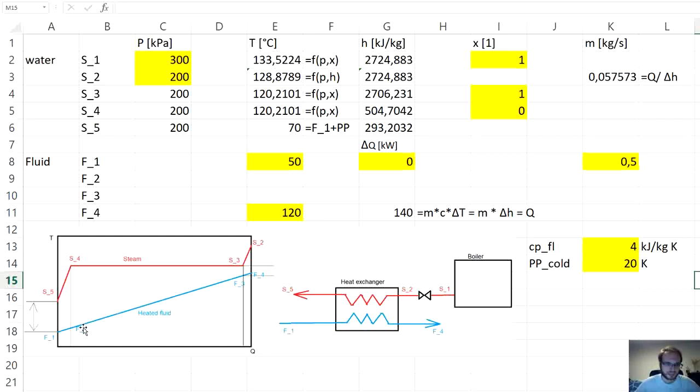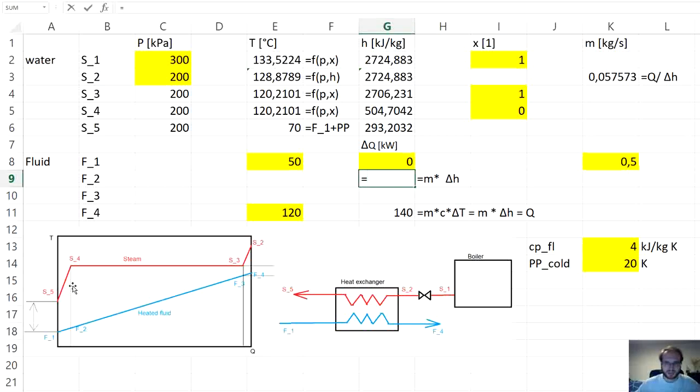If you look at the Qt diagram, the amount of transferred heat between point S5 and S4 is the same as the amount of transferred heat between points F1 and F2. And we know that the amount of transferred heat, same for this fluid and this fluid, is m times delta H for the steam.